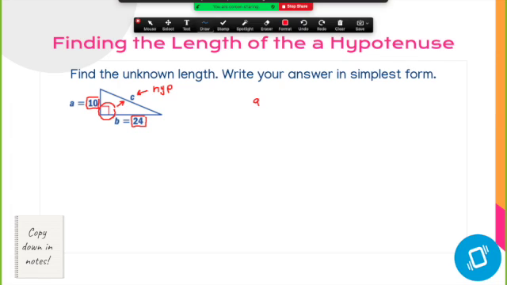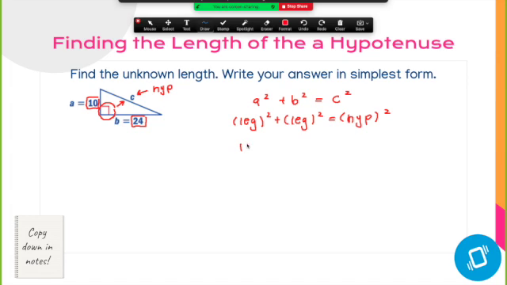So I'm going to use that formula, a squared plus b squared equaling c squared. Or you can use the formula leg squared plus leg squared equaling the hypotenuse squared. That works too. Then we just have to fill it in.